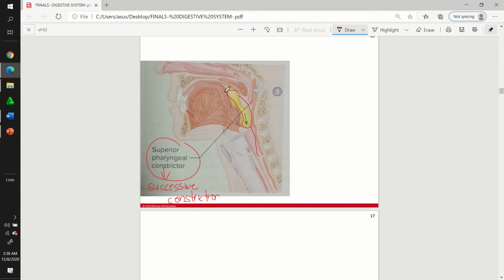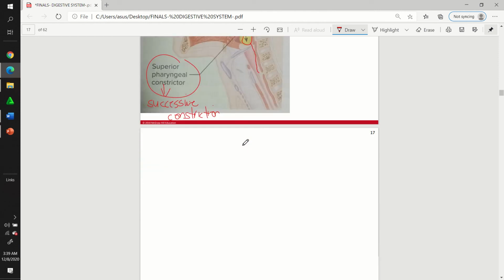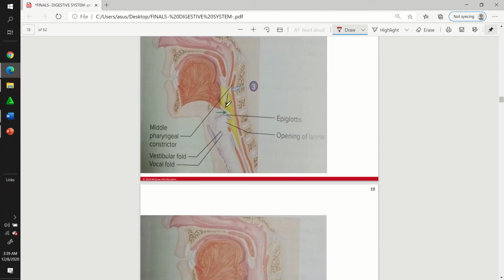As food passes through the pharynx, the vestibular and vocal folds close. And take note of this. As the food passes through the pharynx, what happens next? The vestibular fold and vocal fold close. Nagko-close yan.